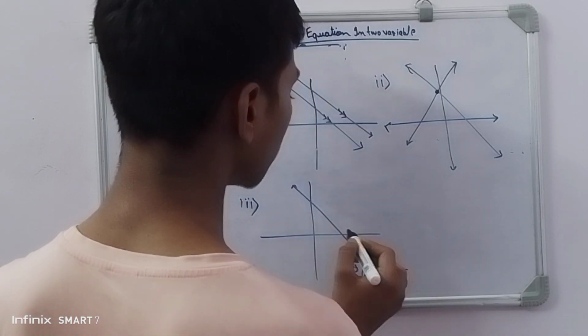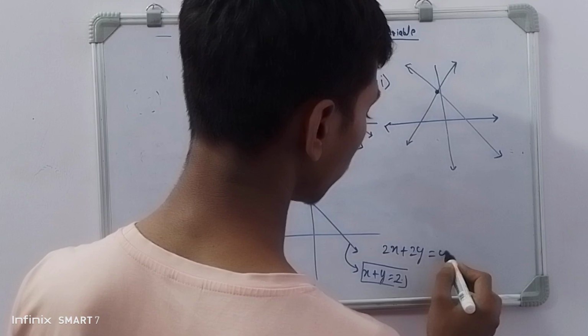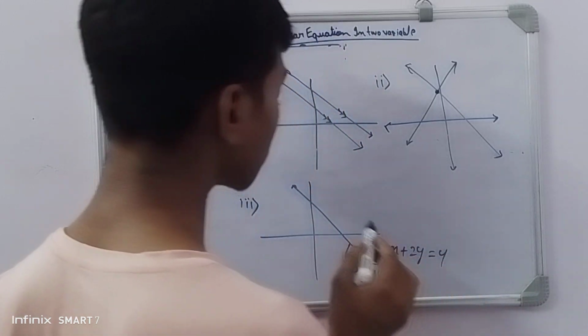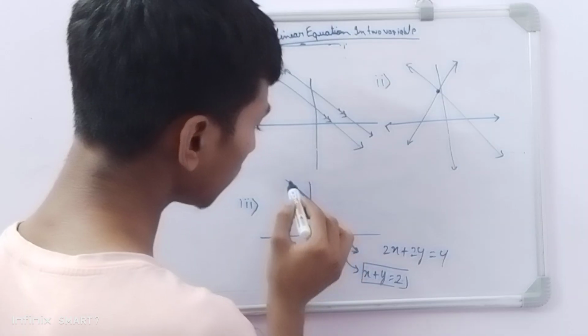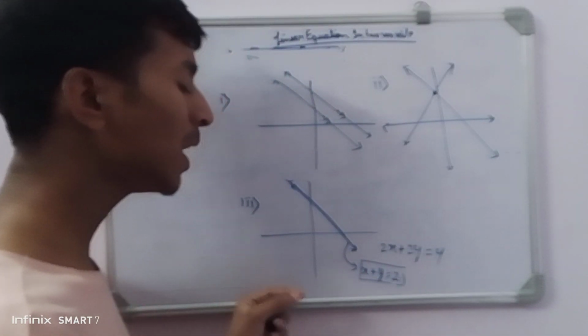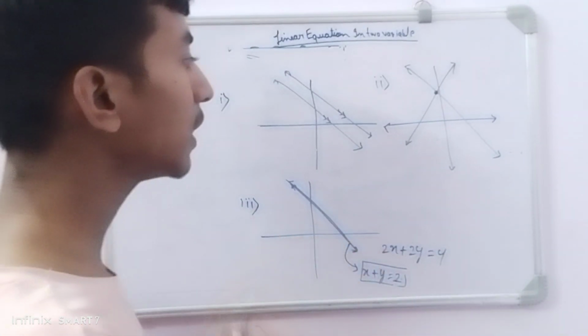Let's suppose the other equation we have is 2x plus 2y is equal to 4. This is another equation, but it also constructs the same line. That means both lines coincide with each other, so we have infinitely many solutions between both equations.